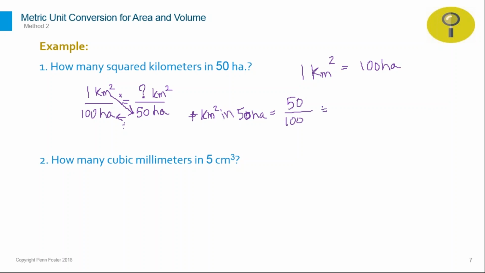Dividing 50 over 100 gives you a half. So you can say 0.5 or 1 over 2, the same answer, in kilometers squared. So there is half, or 1 over 2, kilometer squared in every 50 hectares. And this is how we figure out the unit conversion.